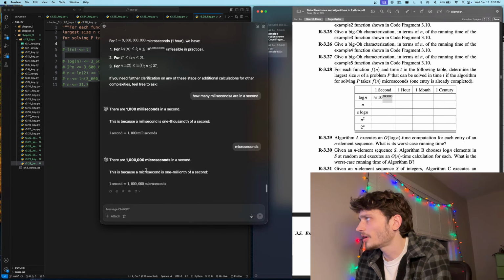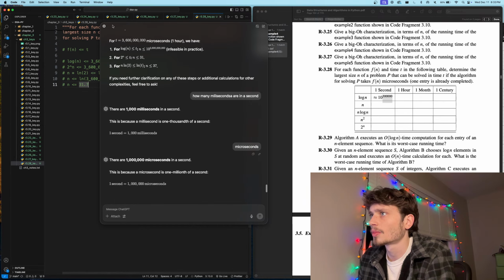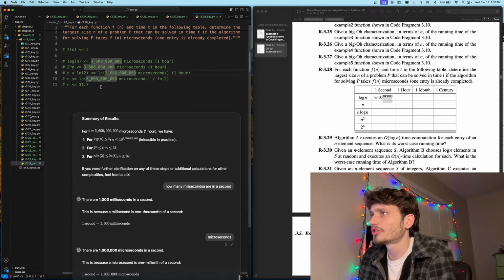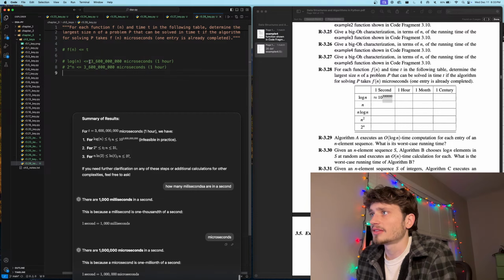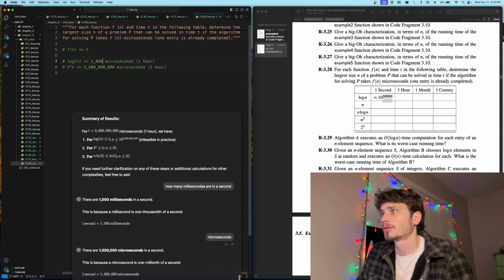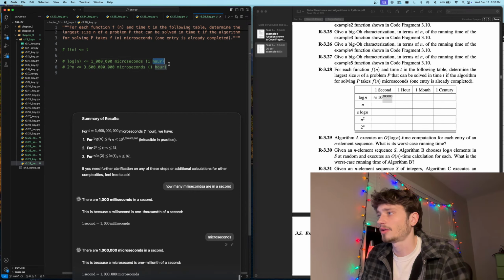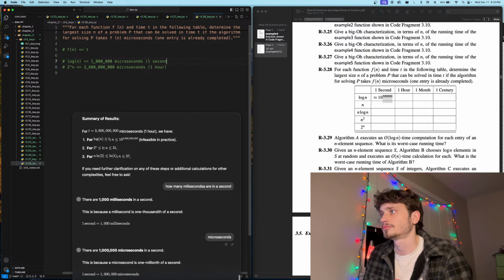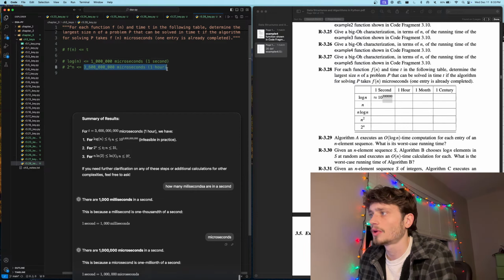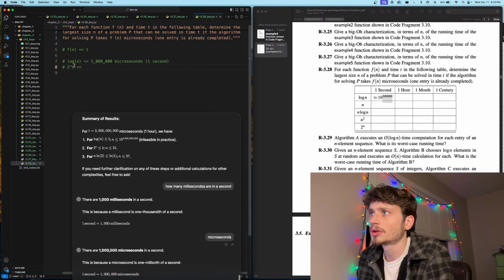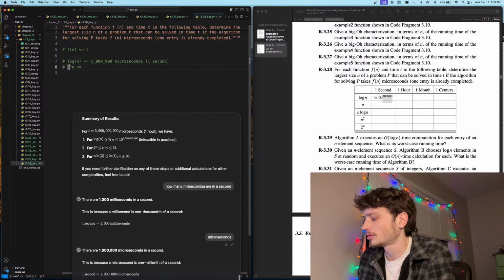So if you can compute log n, let's try to prove the first one, right? So you have log n is less than or equal to a million microseconds, or 1 second, right? This becomes 2 to the power of what value is less than or equal to a million?